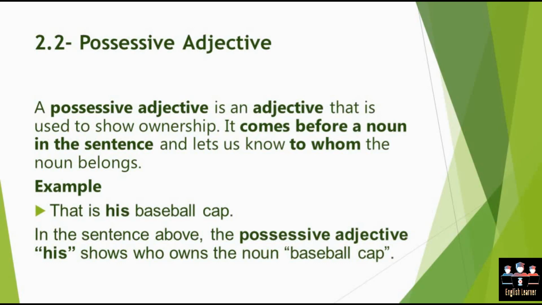It means that any word in a sentence that shows the ownership with respect to a noun and a pronoun will be called a possessive adjective. For example, that is his baseball cap. In this example, baseball cap is related to a boy, and the boy's possession is shown here by the word his. So his is a possessive adjective.